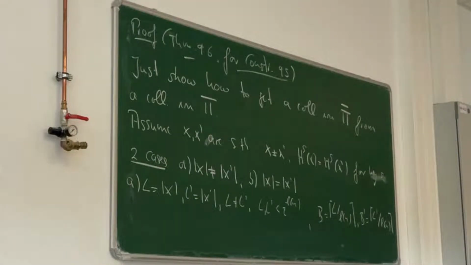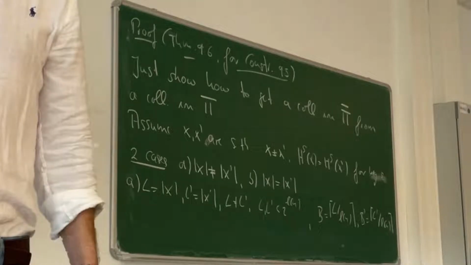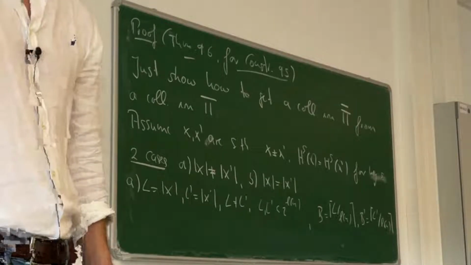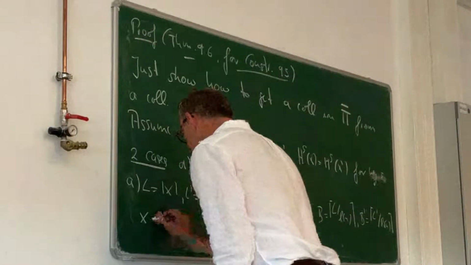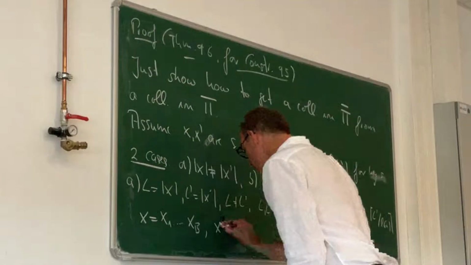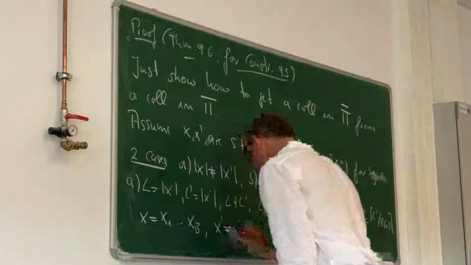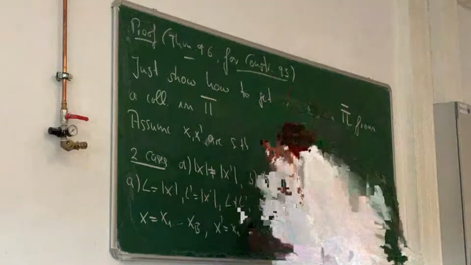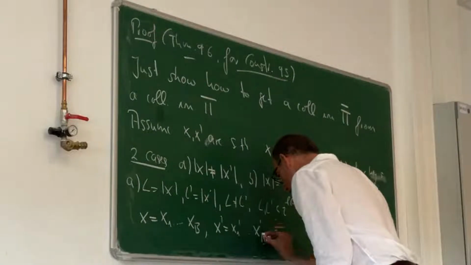Because of the rounding up, they can be the same, although L is not equal to L prime, but we won't use that. What we know is we can then partition x into x1 up to xB, and x prime we can partition into x1 prime up to x prime B prime.